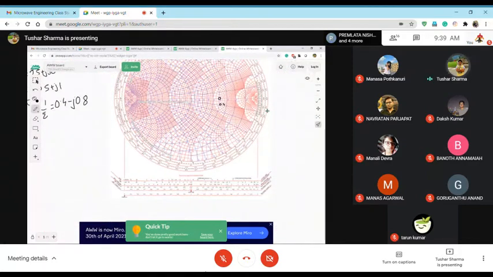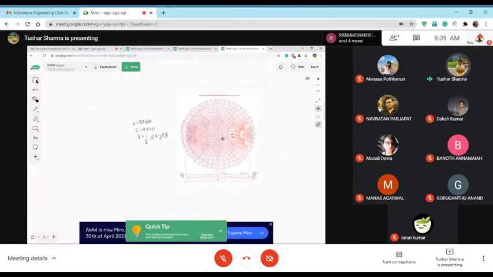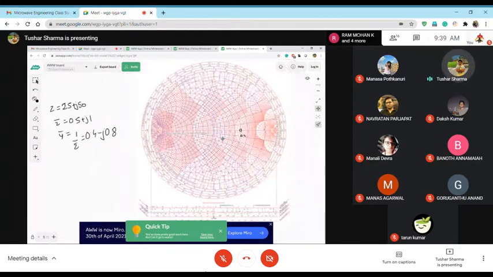For negative 0.8, we will try to identify the constant admittance circle. The constant susceptance is negative in the upper part of the Smith chart, because Z reactance is positive in the upper part of the Smith chart. So 0.8, let's see these blue ones.